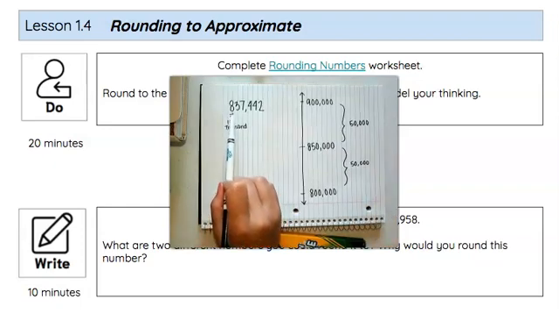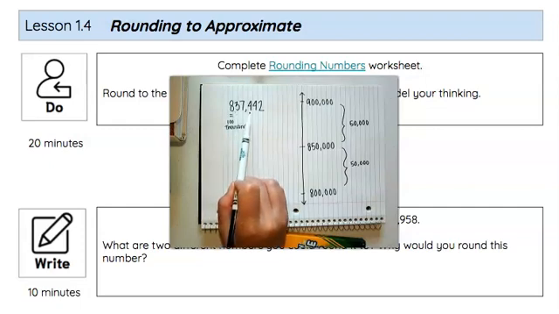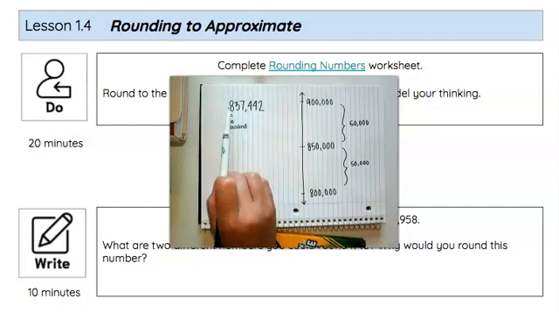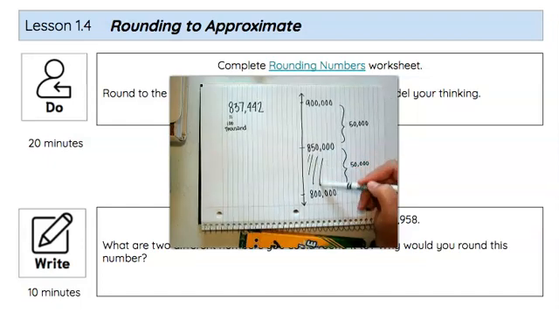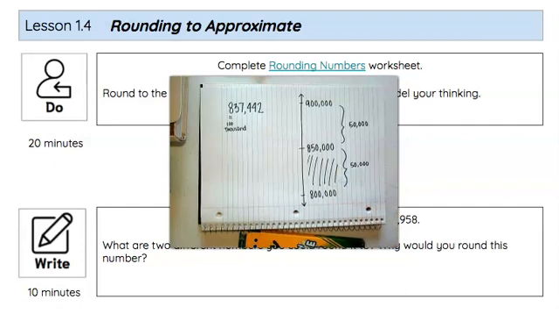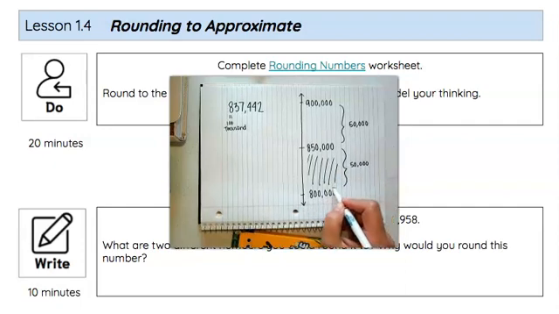My next step is to look at my number. Where does it fall? In this situation, my number falls in between the 800,000 to the 850,000. Since it falls into this half of my number line, that would mean I would round down to my 800,000.